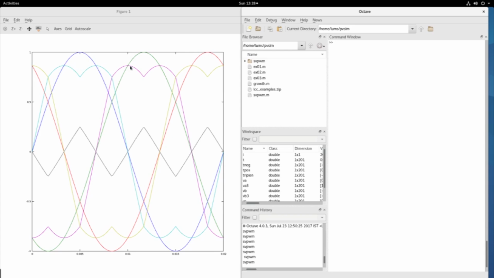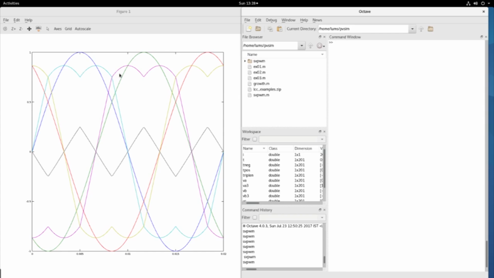Now, if this modulating wave shape had reached 100%, then the fundamental you would have gained was much more, 14% more. You would have got 114% fundamental. That is the extra mileage you get by injecting triplen into the modulating signal and then doing the PWM. That is why SVPWM, the space vector PWM, has that extra advantage.